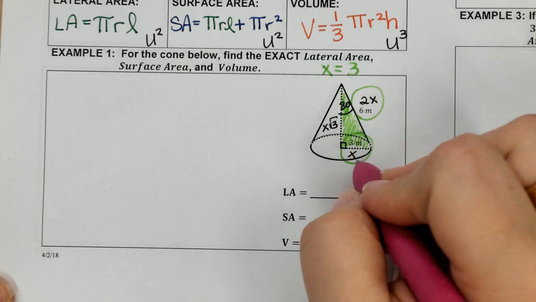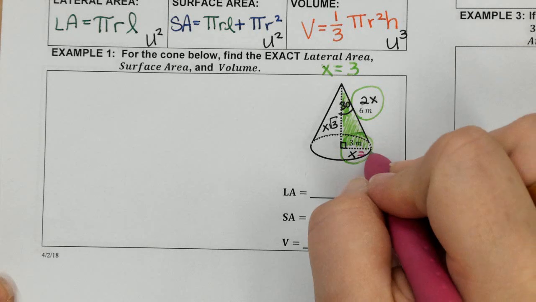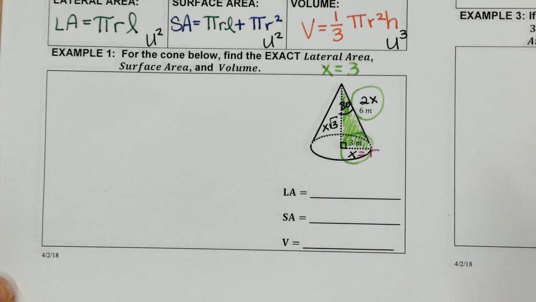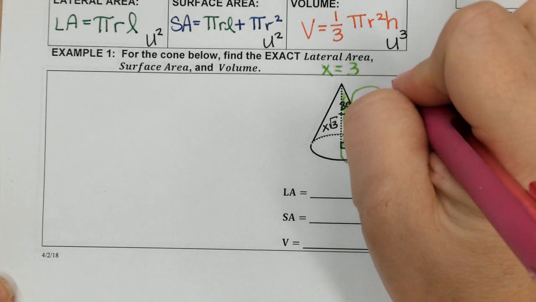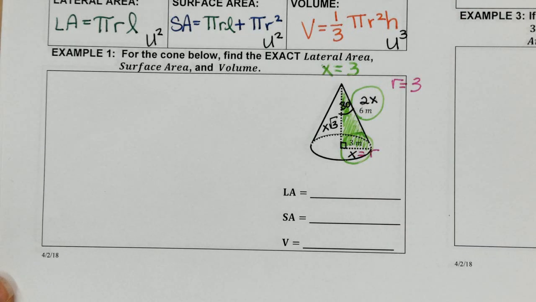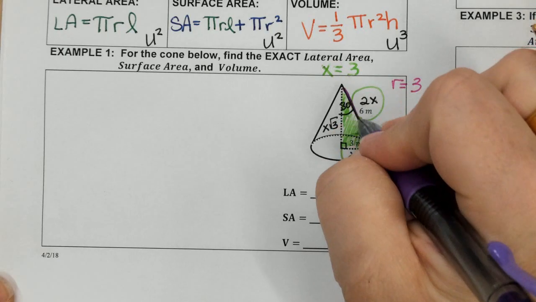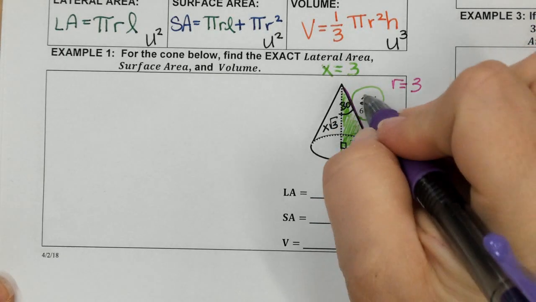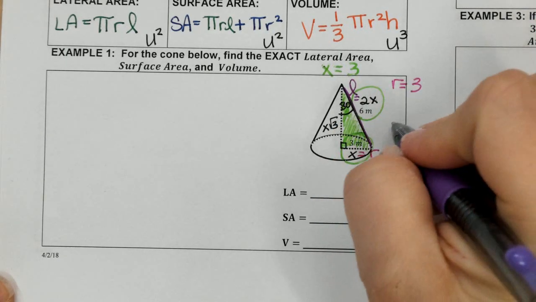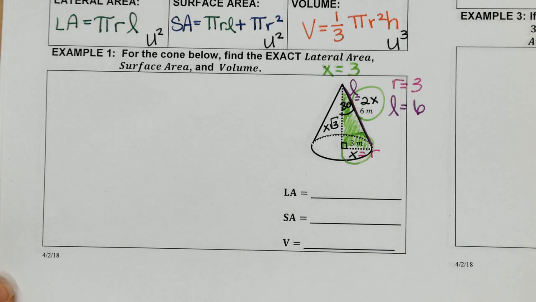Now this x, that's 3, is representing our radius. So I'm going to write down that our radius is 3. This piece here, that is the slant, and so our slant height is 6.